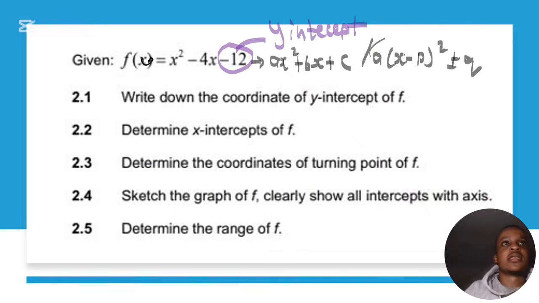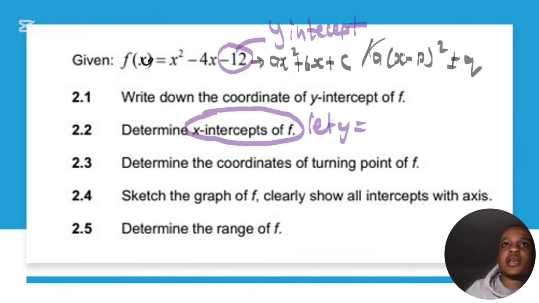Then the second one, x-intercept, of which we know that whenever we talk about x-intercept, we are going to let y become 0. We know that y is the output. This f is just the name of the function, but f of x, when we substitute those input values, we are going to get the output value, which is y.